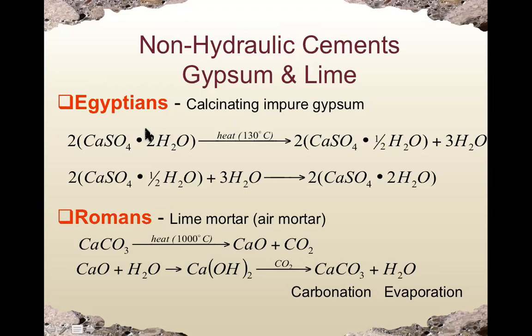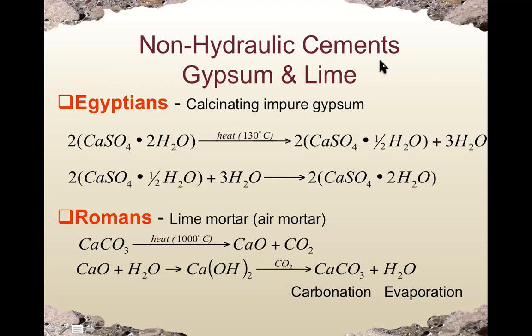5,000 years ago, ancient Egyptians used gypsum. Okay, so first of all, we heat up the gypsum, calcium sulfate with 2 parts of water, to 130 degrees Celsius. So the gypsum will decompose into calcium sulfate hydrate plus water.